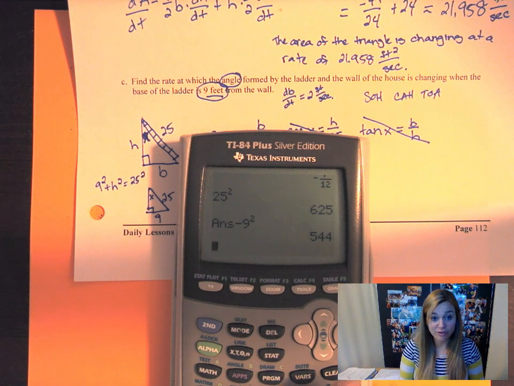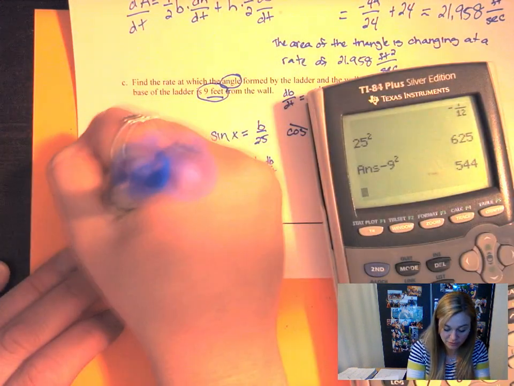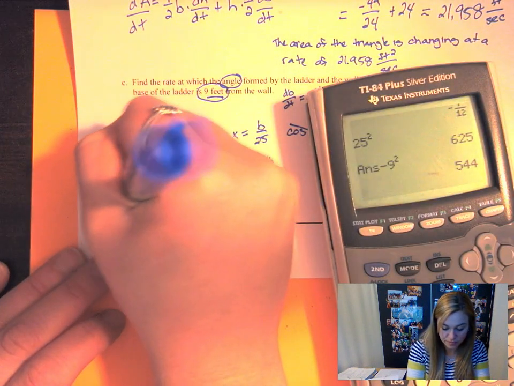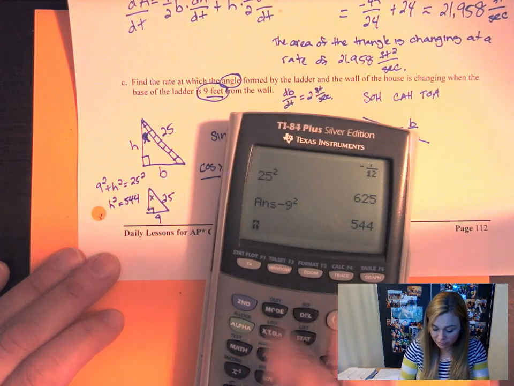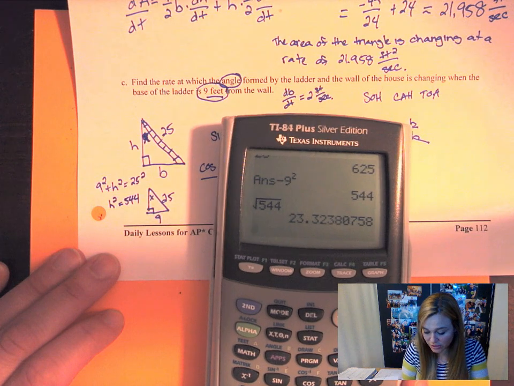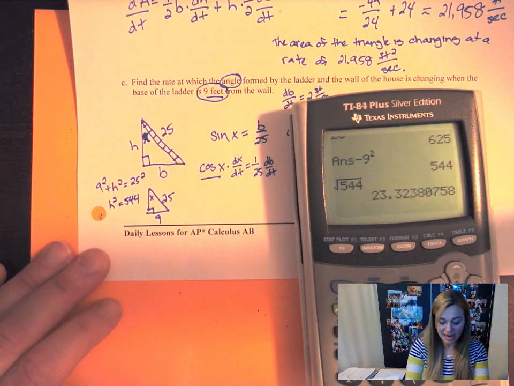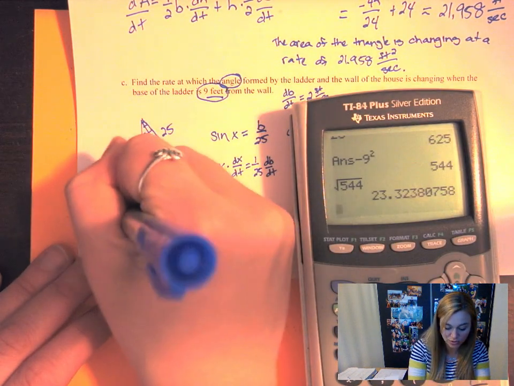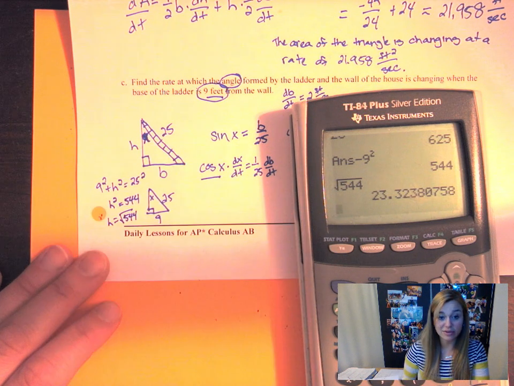I get 544. So h squared is 544. Square root of 544 is 23.2380757. I don't want to write that every time, so I'm just going to say square root of 544 and leave it like that.